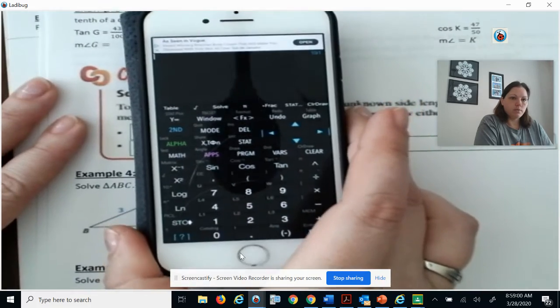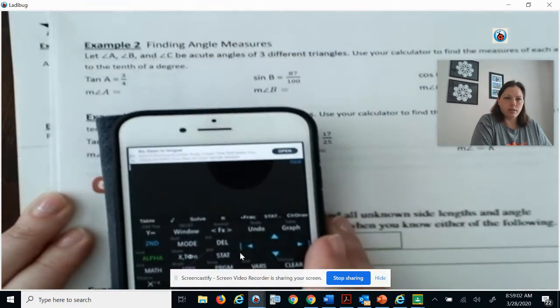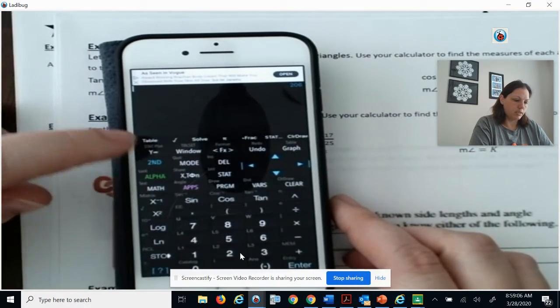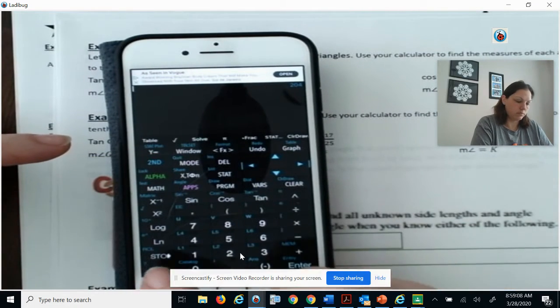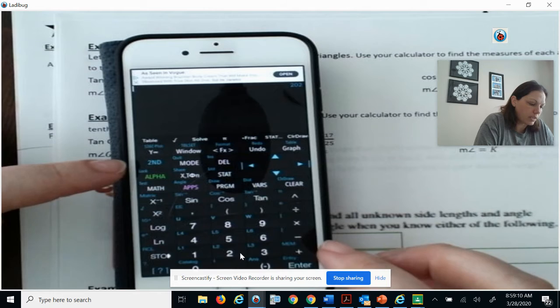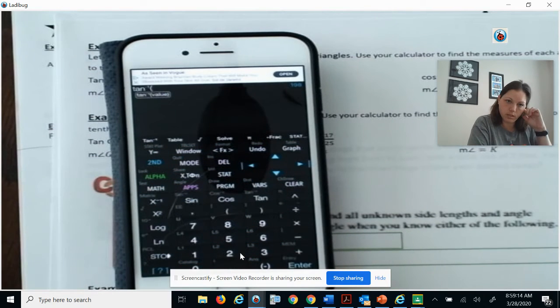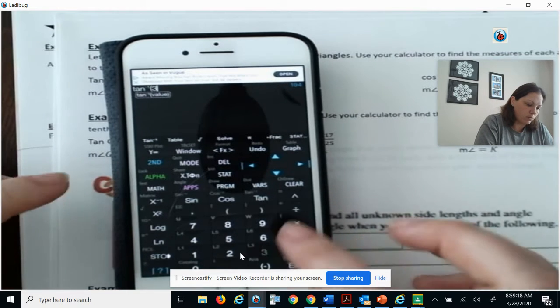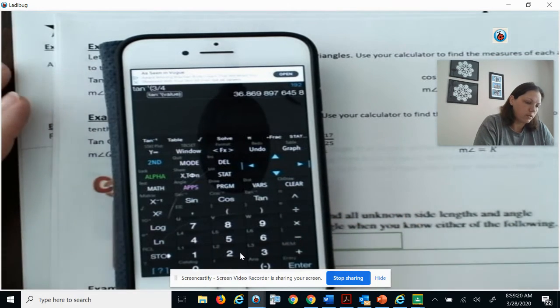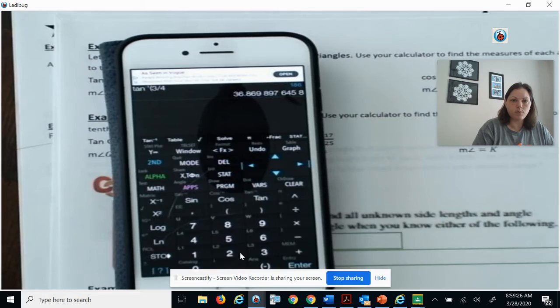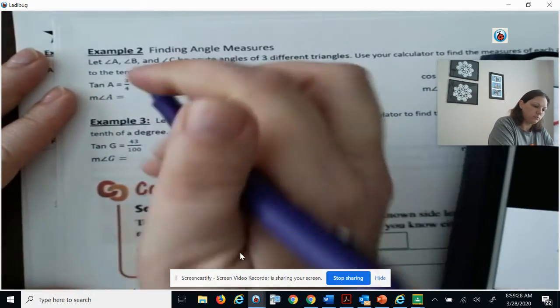Okay, so tangent of 3/4, we're here on our notes, example 2. We're going to hit the second button. I'm going to turn it on first. Yeah, second button, and then tangent. And you'll see on your screen that it brings up tan^-1. 3/4, we do 3 divided by 4, and to the nearest 10th of a degree, we get 36.9.